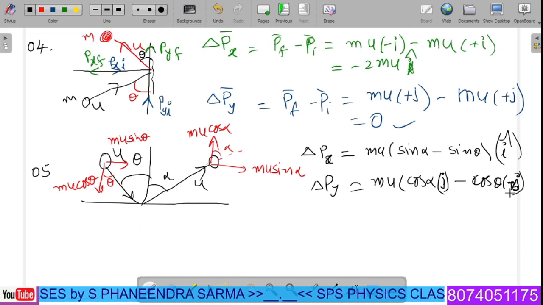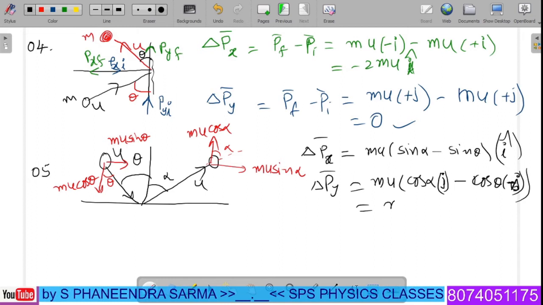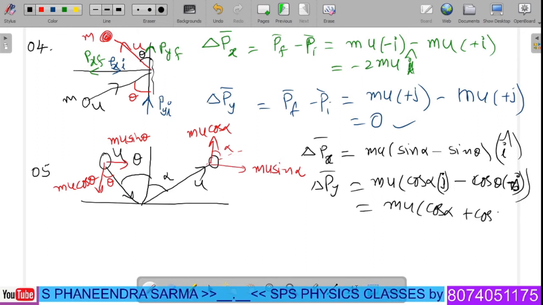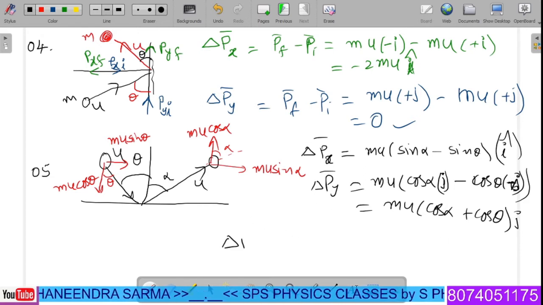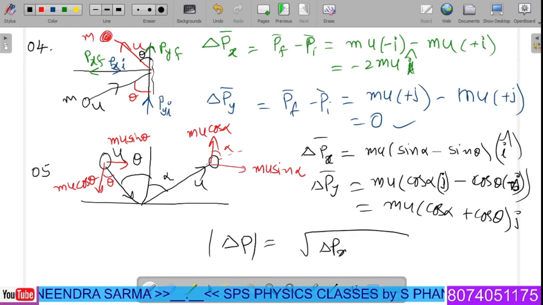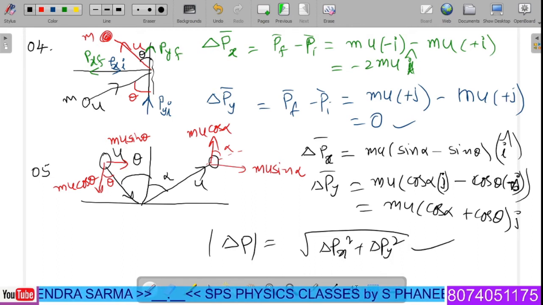Minus of minus becomes plus and j comes outside. Therefore, mu of cos alpha plus cos theta of j. Now, if they ask the magnitude of the change in momentum, it is the root of delta p x square plus delta p y square. Like that, you can write the change in linear momentum.